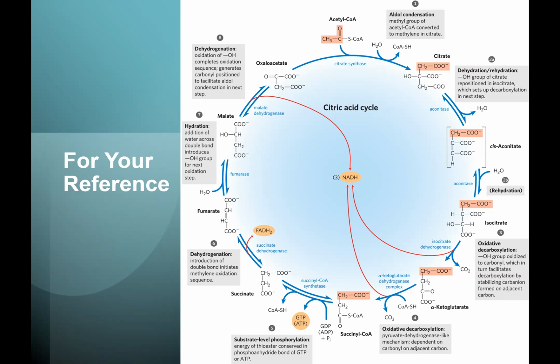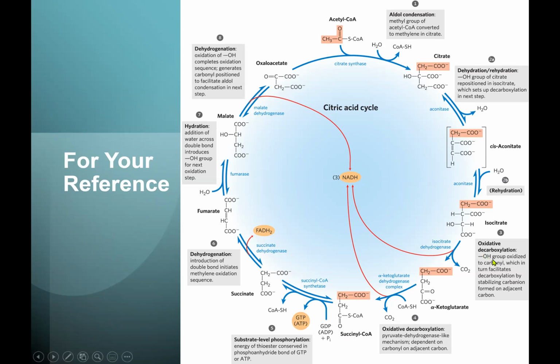Once we have our isocitrate, we are ready for an oxidative decarboxylation. So you can really just think of this citrate to cis-aconitate and then to isocitrate as a dehydration, water leaving here, and a rehydration, water being added back in here, setting us up, as noted, for an oxidative decarboxylation.